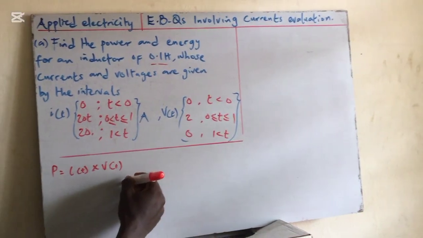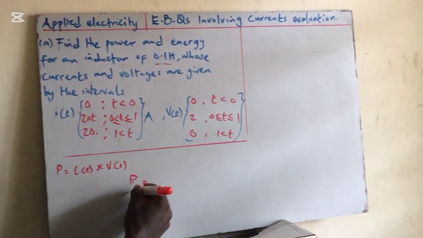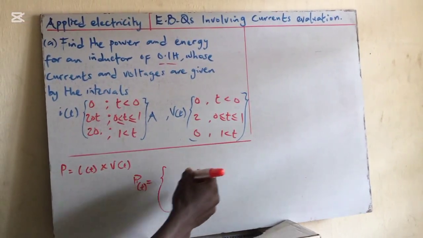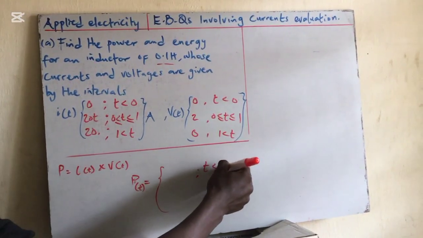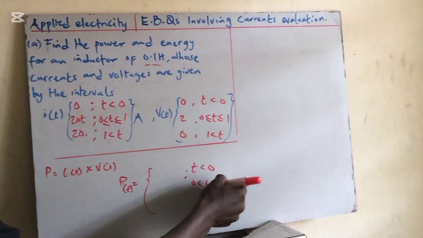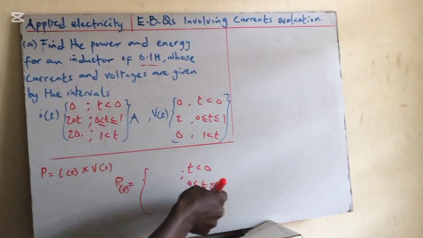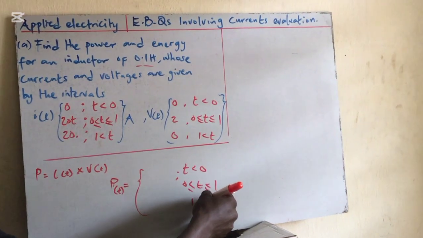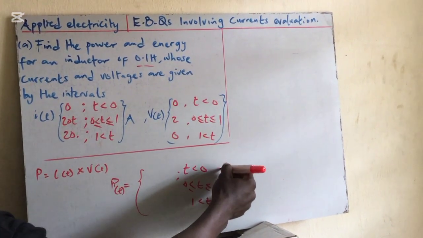So you just say p of t also will be, you answer for t less than 0, you answer for 0 less than or equals to t less than or equals to 1, and you answer for t greater than 1.